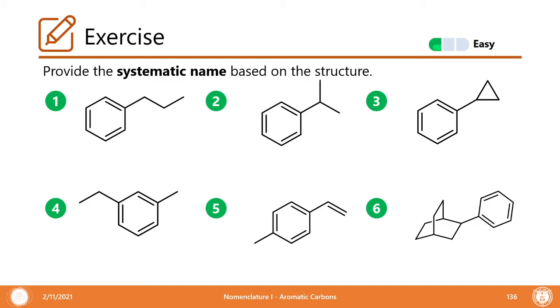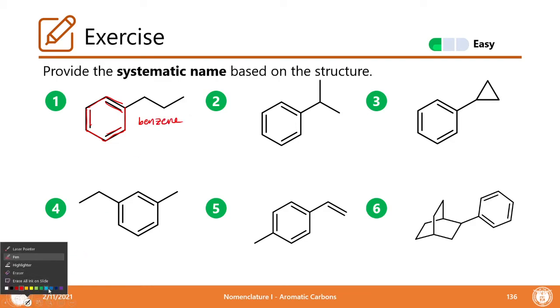Okay, so let's try these simple exercises. Recognize that we have 3 double bonds within a 6-membered ring. They are not directly connected to each other, and so this is what we call our benzene ring. And we use the parent name benzene.